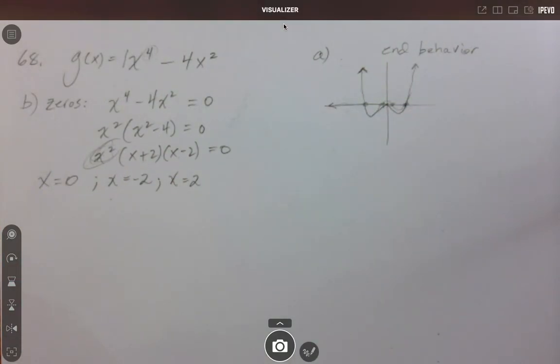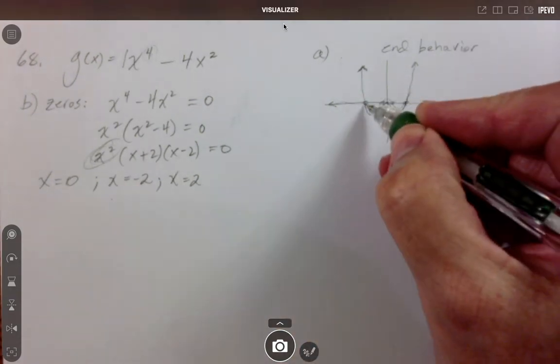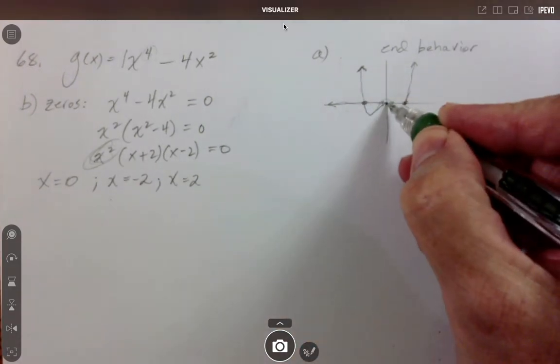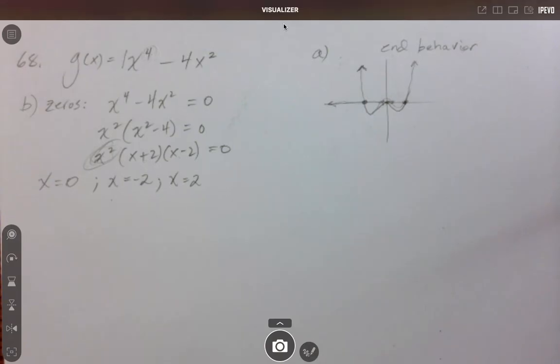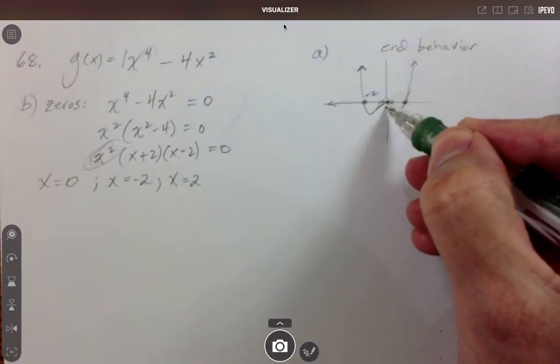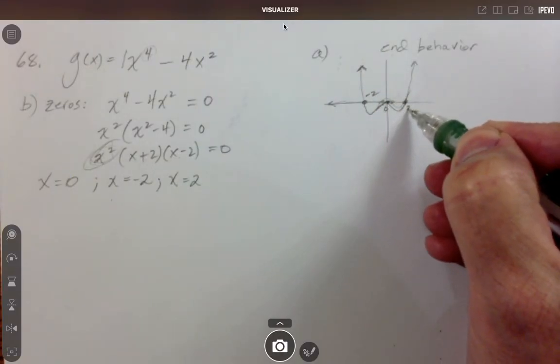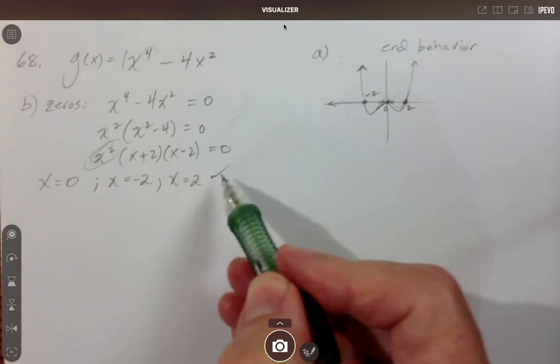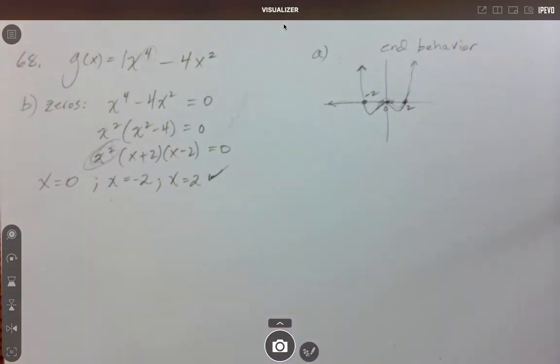I think of a root as where it hits, like an x-intercept, right? So a root is an x-intercept of the graph. So it's going to hit right here at -2. It's also going to bump up against 0, and then it's going to pass through again at +2 based on these zeros. Okay, so that's what I think it's going to look like so far.